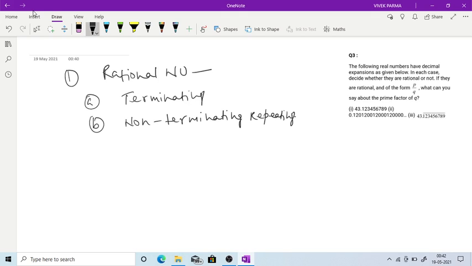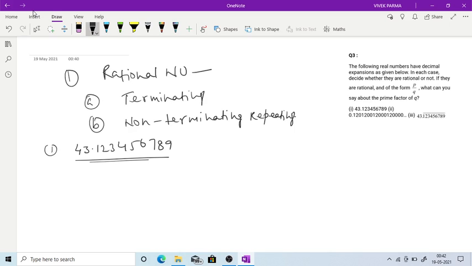So in the first question, we have here 43.123456789, right? So see, this is a terminating decimal expansion.